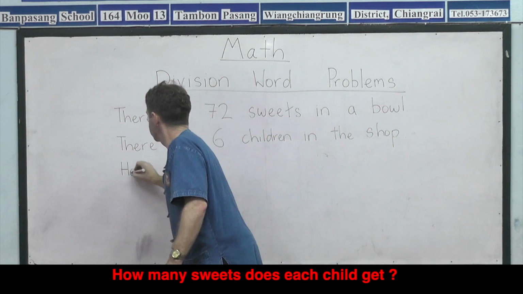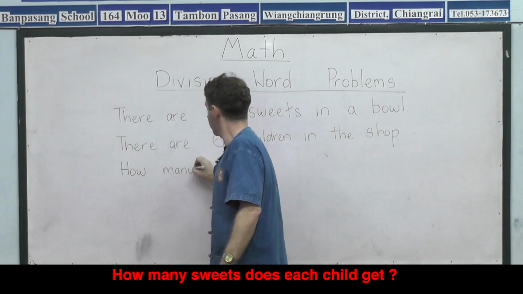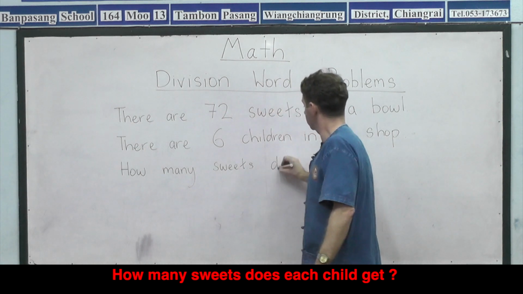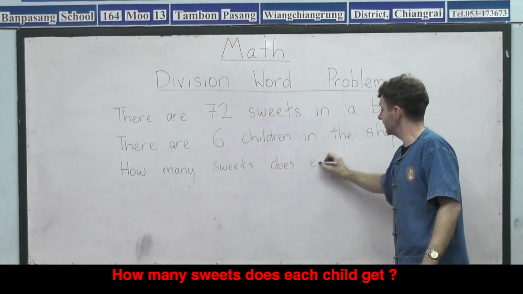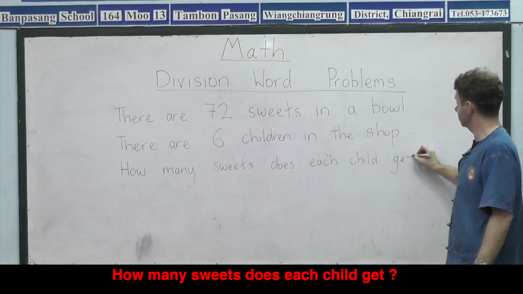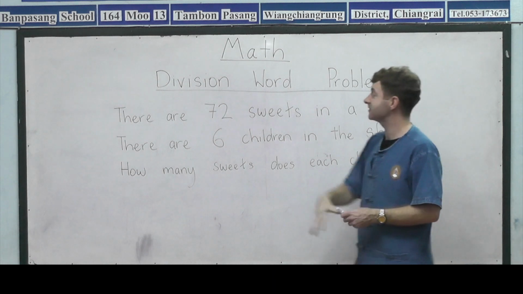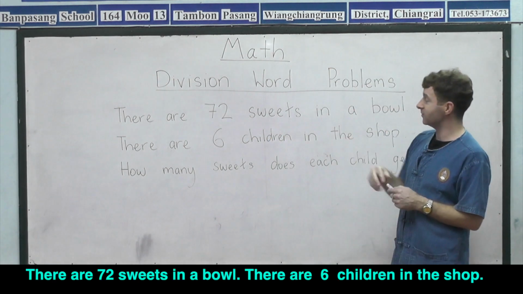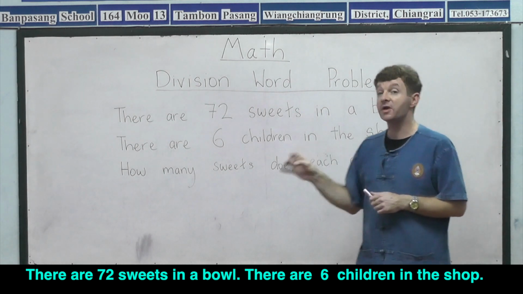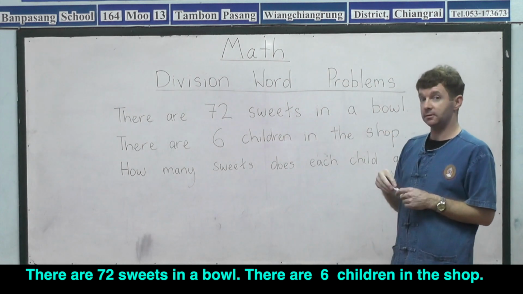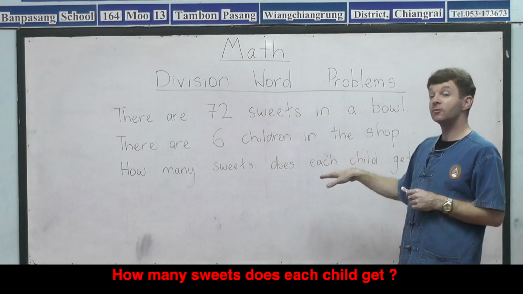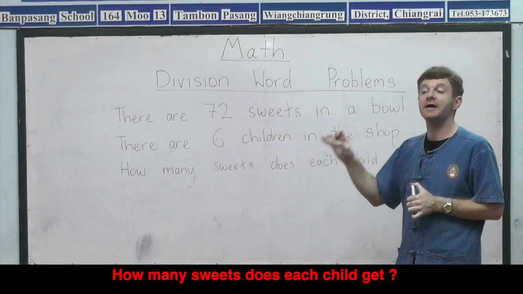How many sweets does each child get? Okay, so all together, guys, there are 72 sweets in a bowl. There are 6 children in the shop. How many sweets does each child get?